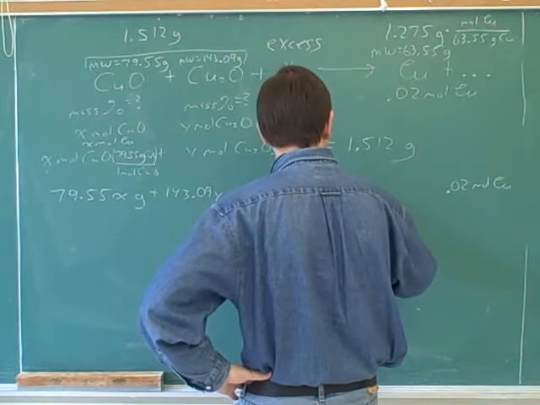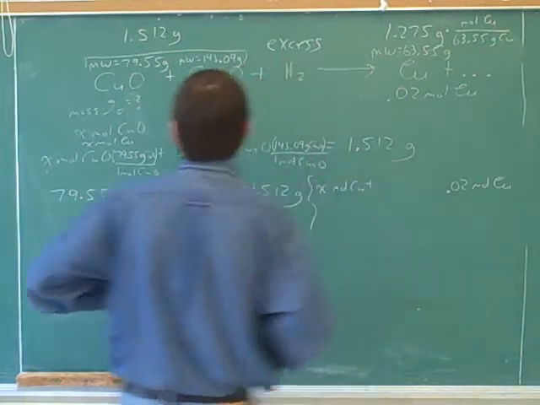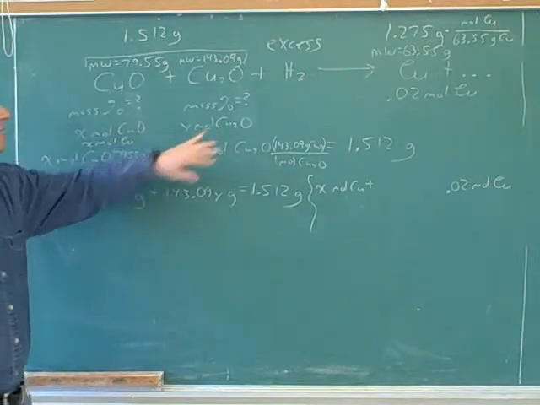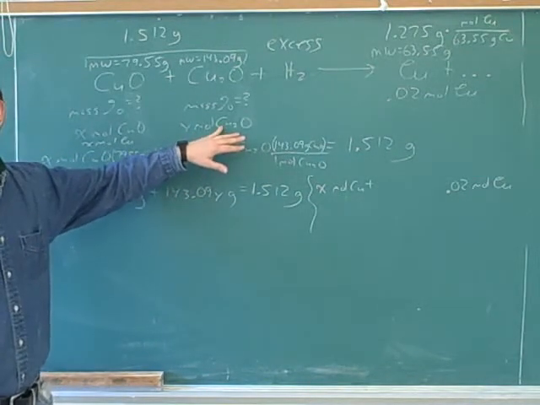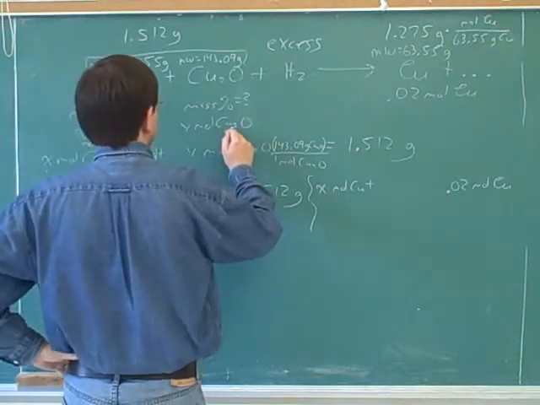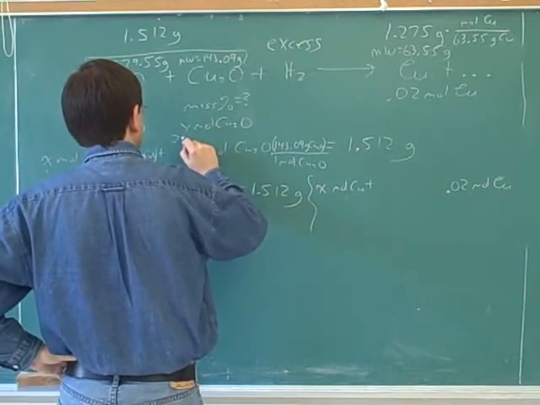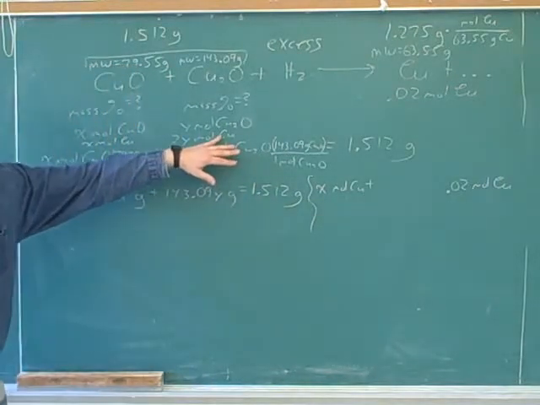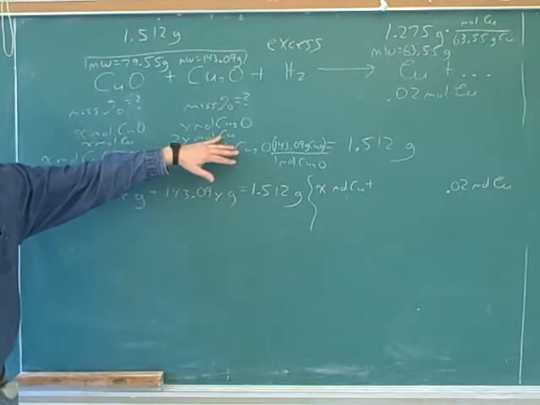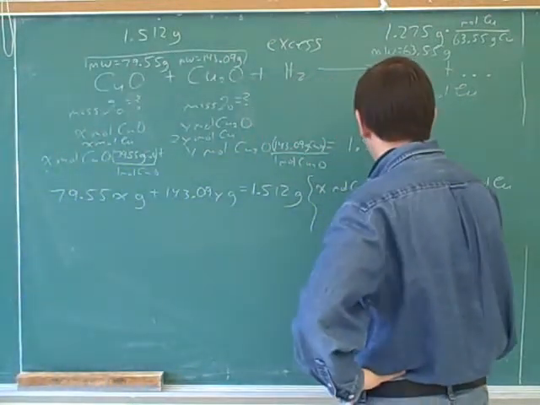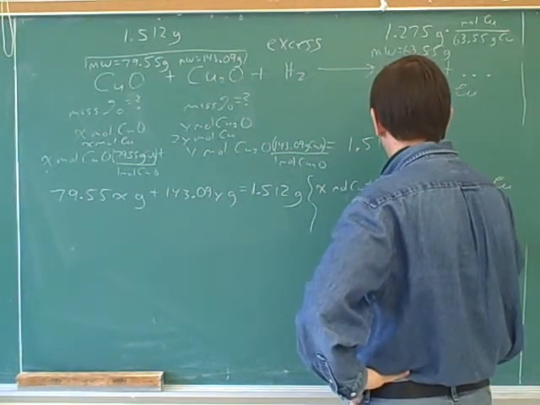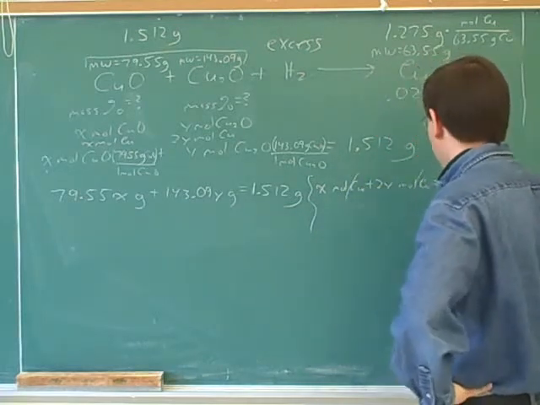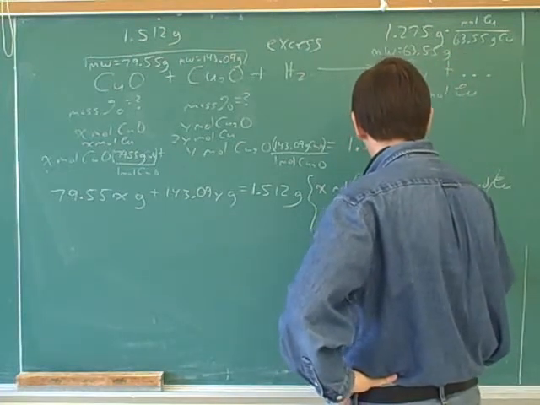Now we know we started with Y moles of Cu2O, but every 1 mole of Cu2O actually contains 2 moles of copper. So this would be 2Y moles of copper atoms. This is the one way this is more difficult than the previous problem. Otherwise, they're very similar. I can just cancel out all the moles of copper here to make this simpler. So I've got X plus 2Y.